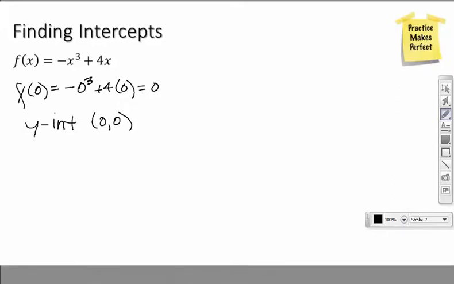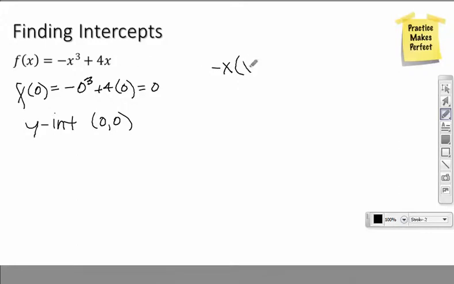Okay, now to find our x-intercepts, you have to find those by factoring, or if you can't get it factored, then you need to use your rational root theorem and synthetic division. Now, this is a fairly easy one to factor. So what I'm going to do is take out a negative x, because you see both terms have x's in them.